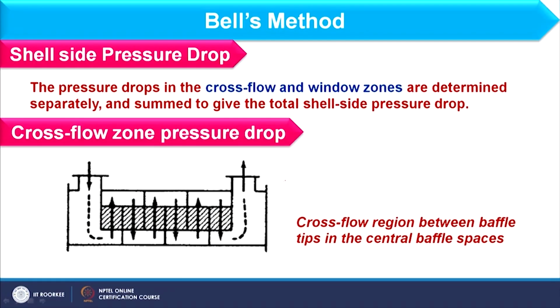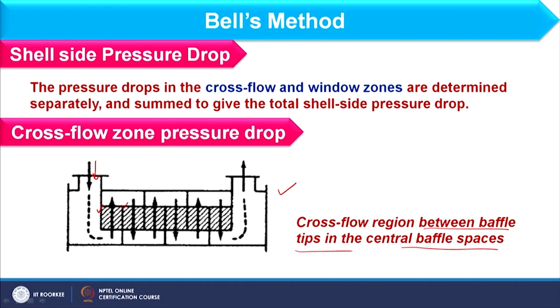Now, as we have been discussing Bell's method for the last two lectures, you must be aware of cross flow zone and the window zone. Cross flow zone is basically that zone which falls between two consecutive baffle tips. If you see this schematic, here cross flow region is shown between baffle tips in central baffle spaces. When fluid is entering into the shell, from this side it is entering and then it is moving between two baffle tips like this.